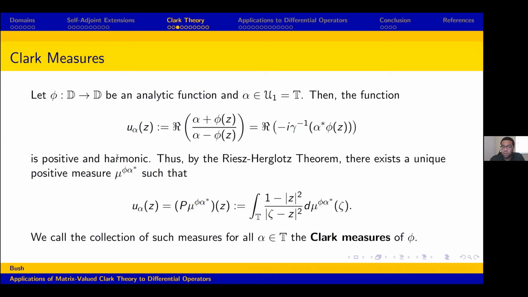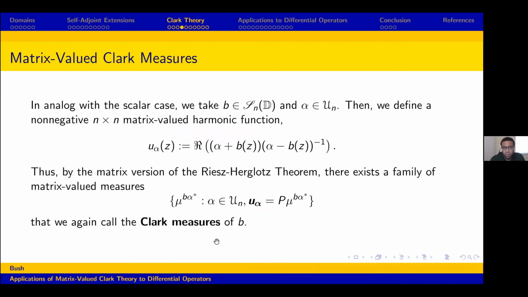Therefore, by the Riesz-Herglotz theorem, there exists a positive measure, which we're going to denote mu_alpha^phi, such that u is the Poisson transform of mu, which is shown here. We're going to call the collection of such measures the Clark measures of phi. So we start with an analytic function, we create a family of harmonic functions that induces a family of positive measures, and those are the Clark measures.